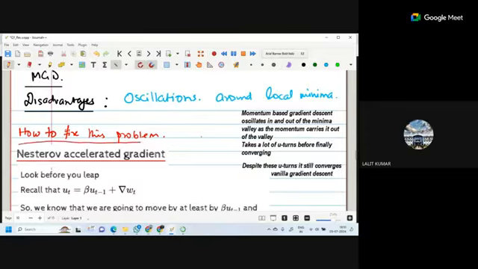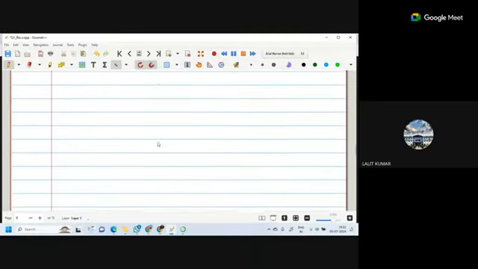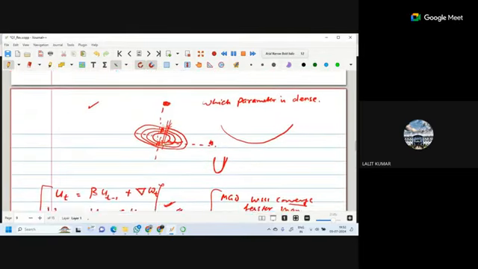So with this, Nesterov came up with an algorithm which is known as Nesterov accelerated gradient, also known as Nesterov accelerator. The basic idea of this algorithm is that before you calculate, like in momentum, we are calculating w_t.